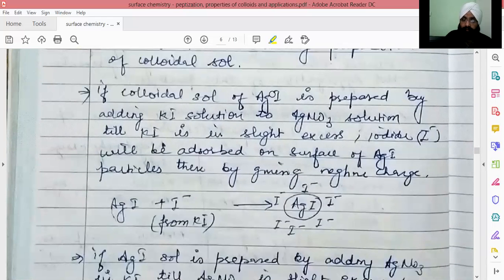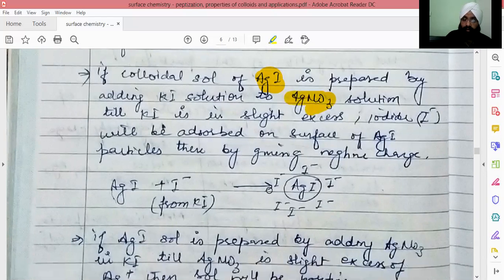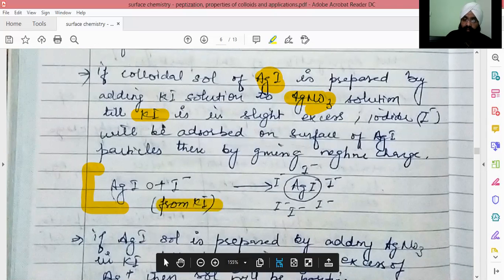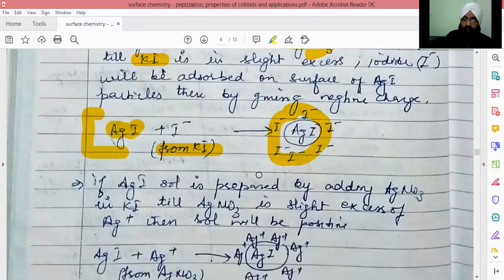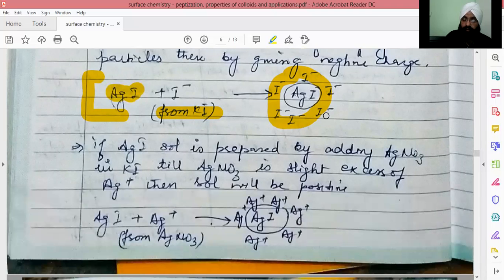Take the same example, silver iodide sol with the help of silver nitrate and silver iodide. In the first case, potassium iodide is added to the silver nitrate. Iodide is going to be adsorbed because iodide is common to the silver iodide. Negatively charged sol particles are formed.